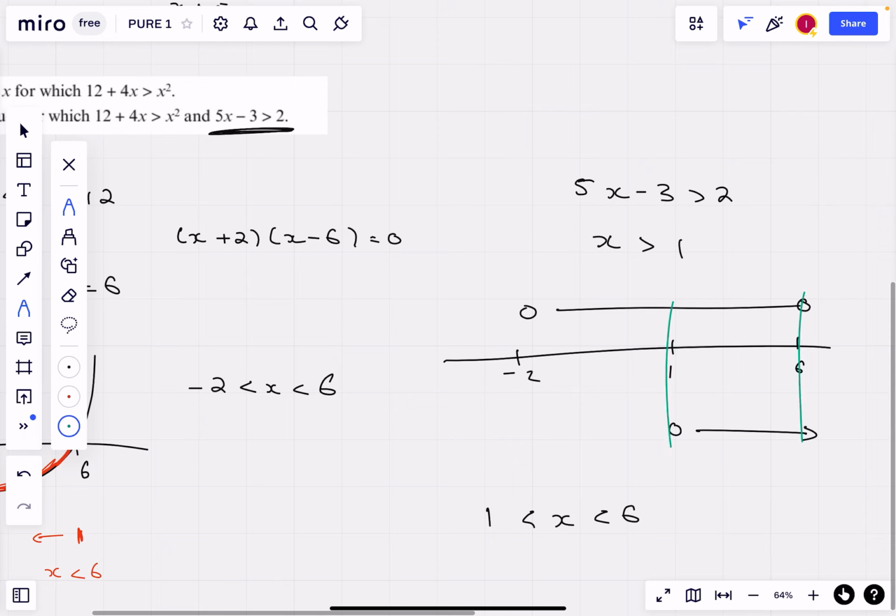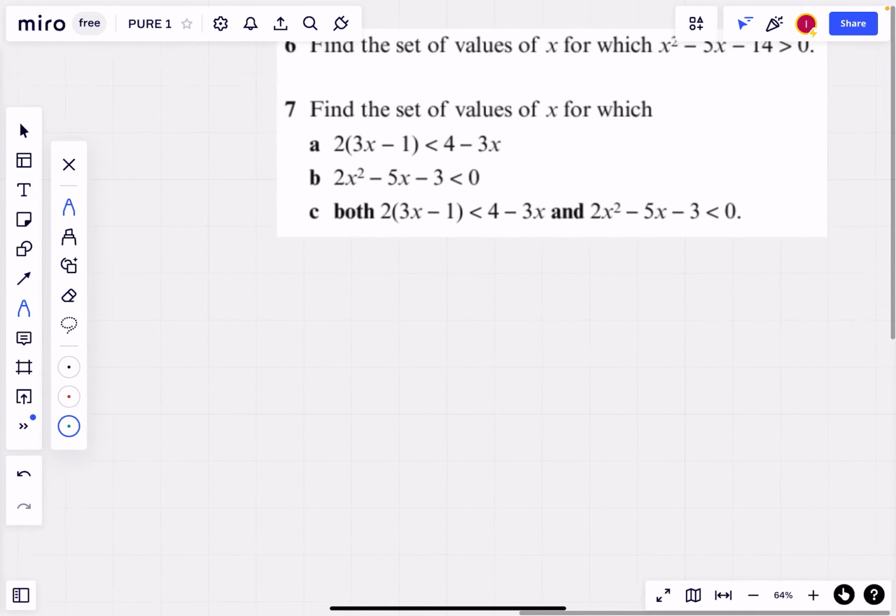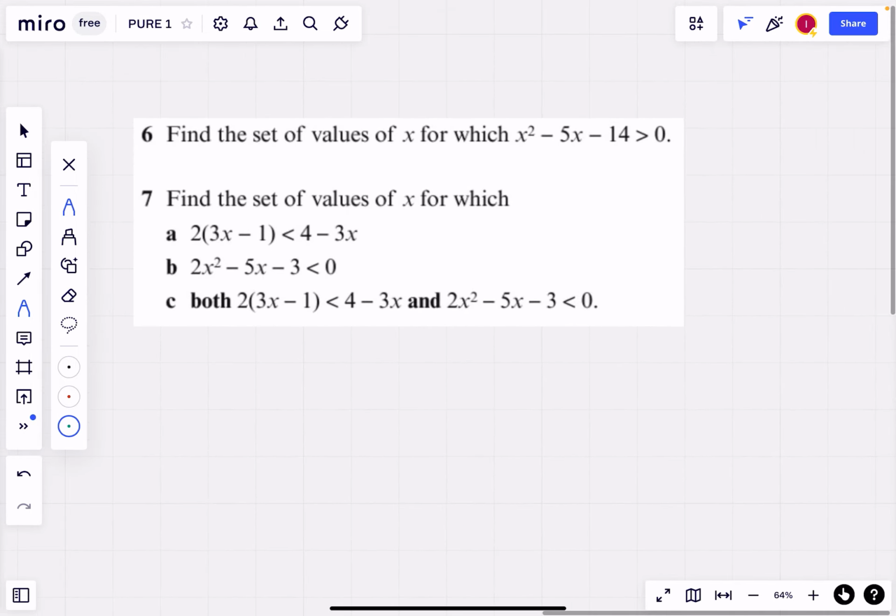That's what satisfies both inequalities. Does that make sense? So in that scenario, you're just looking at the overlap to find the solutions of both inequalities. Okay. Have a look at question 6 and question 7 for me. I want you to give those a go, please.